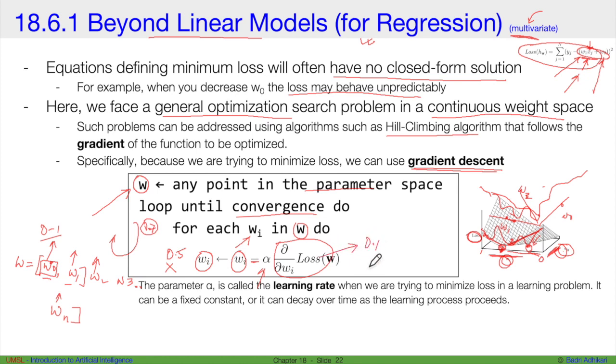Then you multiply this loss with this constant alpha. If alpha is 0.01, you multiply this, and whatever you get, you subtract from the existing W, which is 0.5, and that becomes your new W0.